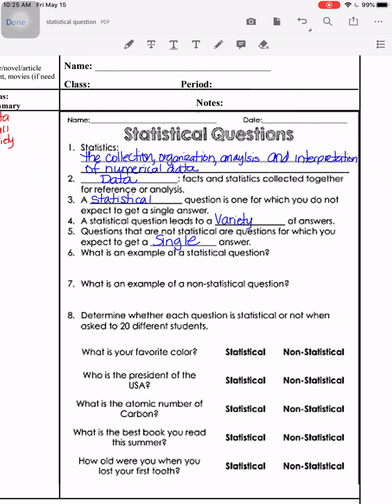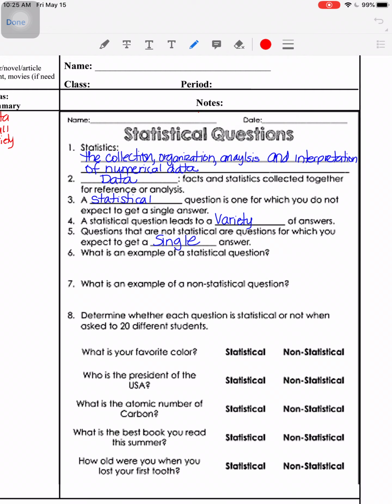A statistical question is one for which you do not expect to get a single answer. So if a question is statistical, you are more than likely going to get a variety of responses. A statistical question leads to a variety of answers.